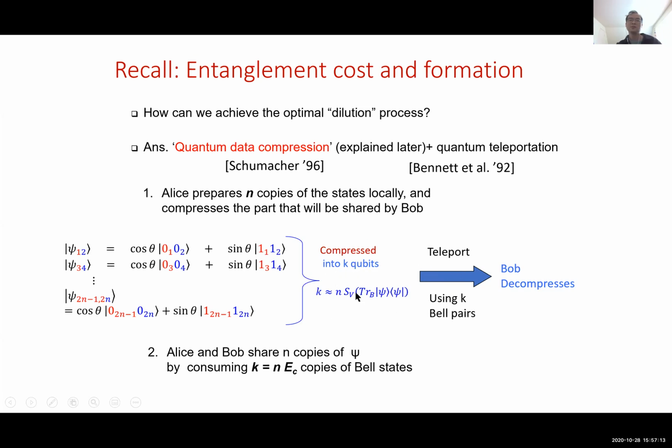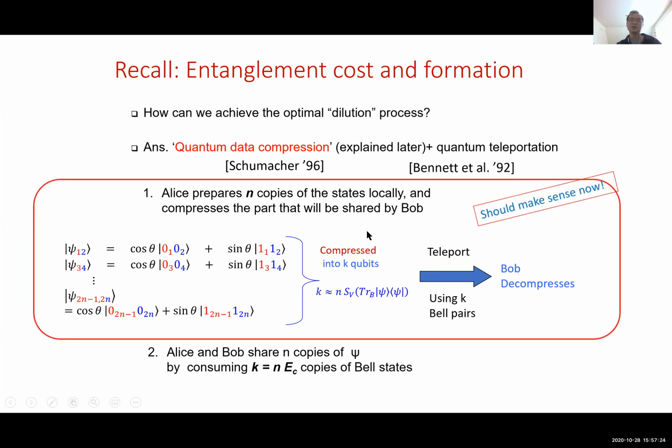You can teleport the blue qubits to Bob and Bob decompress. So if you can understand this process, then you understand the entanglement cost, right? So that's something that I was hoping that I could explain today, but we're running out of time. But hopefully next time I will be able to explain this quantum data compression, and you will finally understand the full picture.